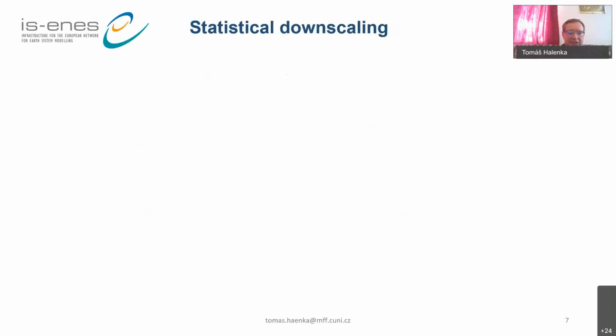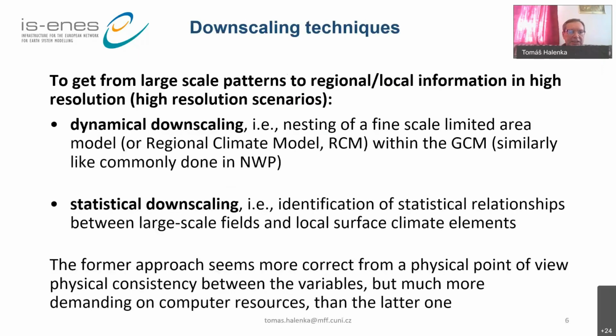Concerning statistical downscaling, you get some relations, but you don't have so much consistency between the variables. On the other hand, statistical downscaling methods are usually much less demanding of computer resources, so you can get much faster and much more information from the results.